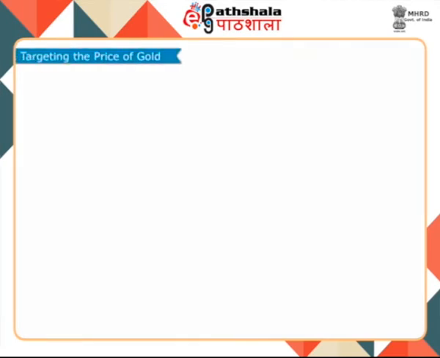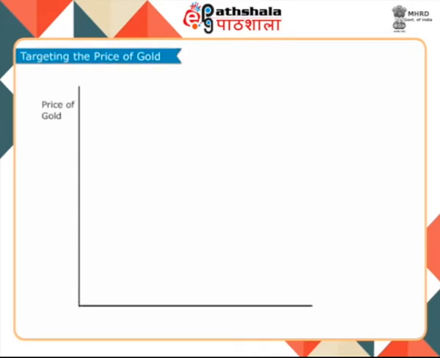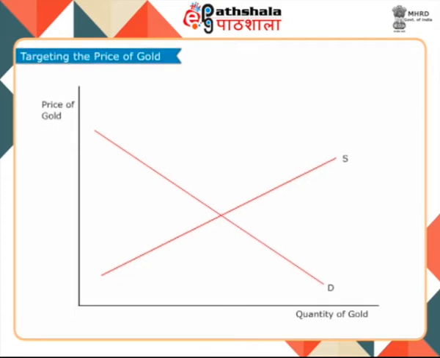Let us take an example of commodity price targeting. Suppose the RBI could target the price of gold by offering to buy or sell gold at an announced price. The initial equilibrium is at point A, where the price of gold is P0 gold.